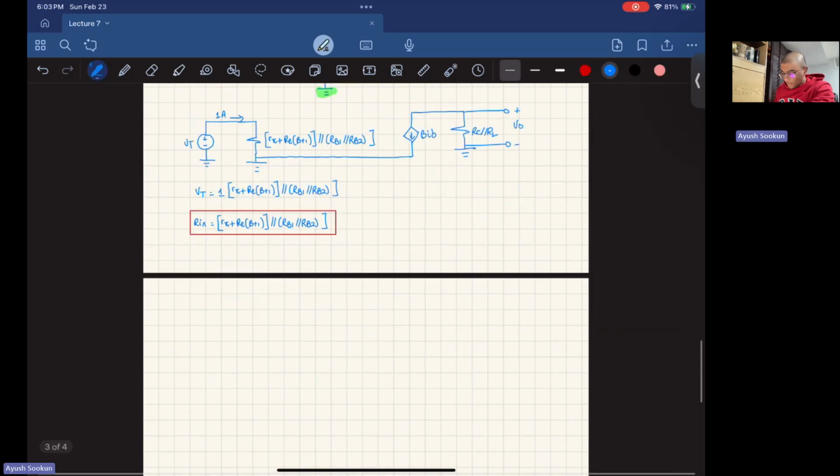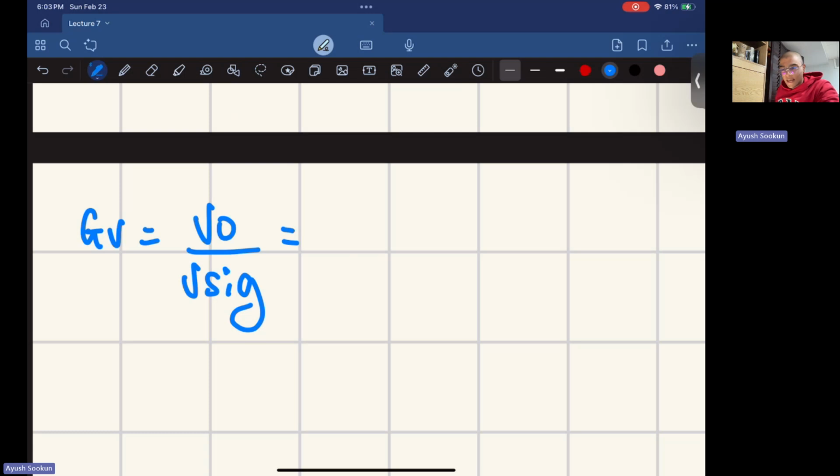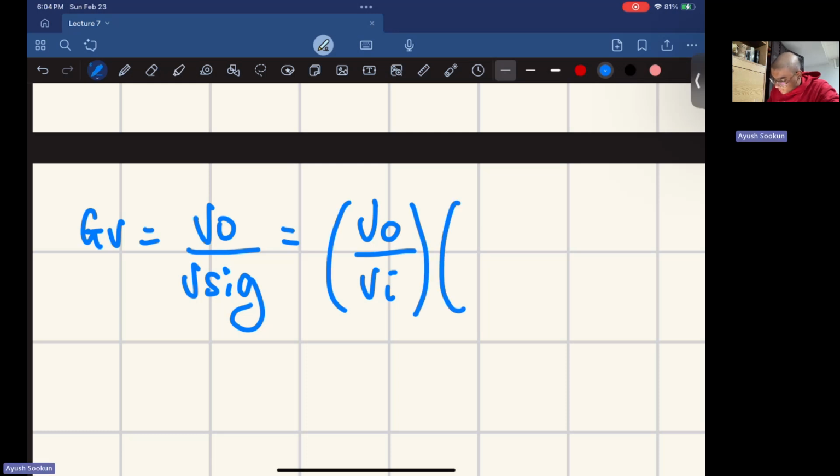So now let me show you here. If we want to find the overall voltage gain, Gv is equal to V out over V sig. Now I can break this down. There's a minor trick to do this. We want to have V out over V in times V in over V sig, right?